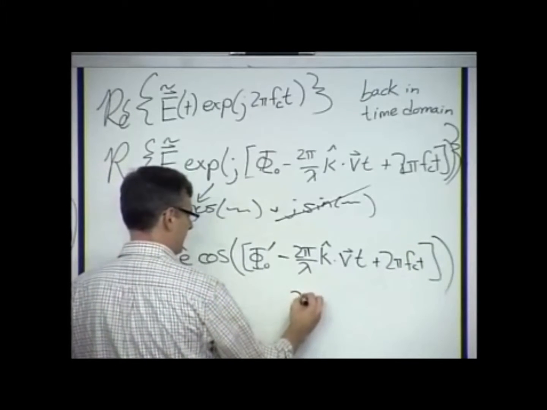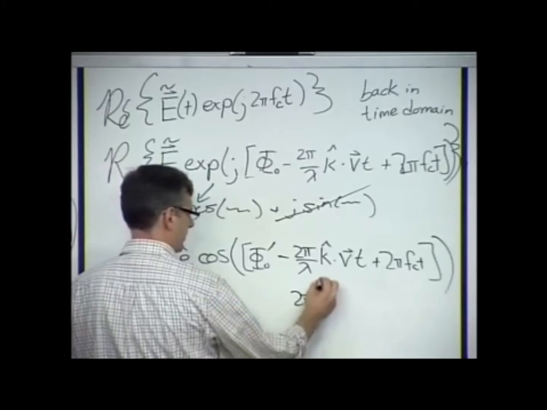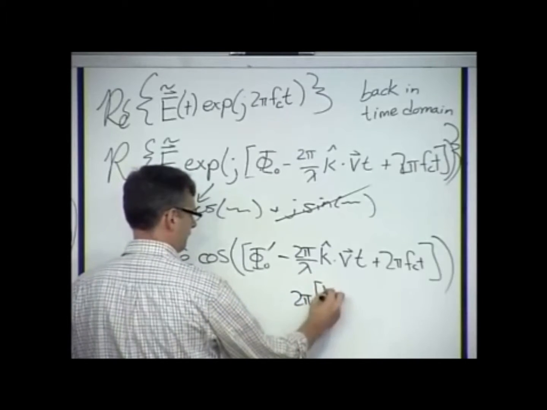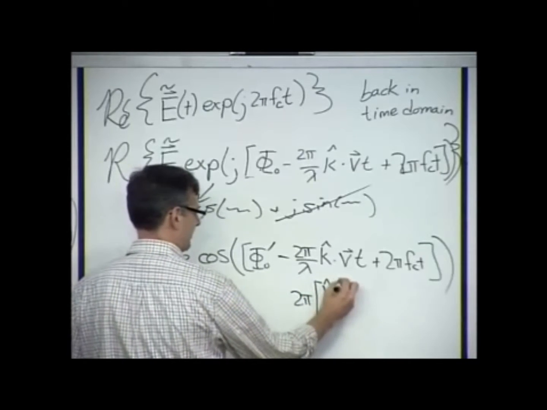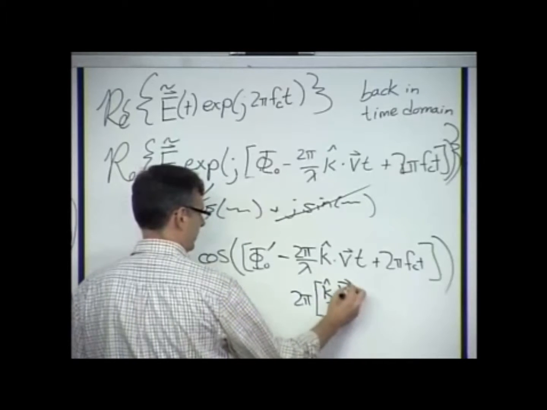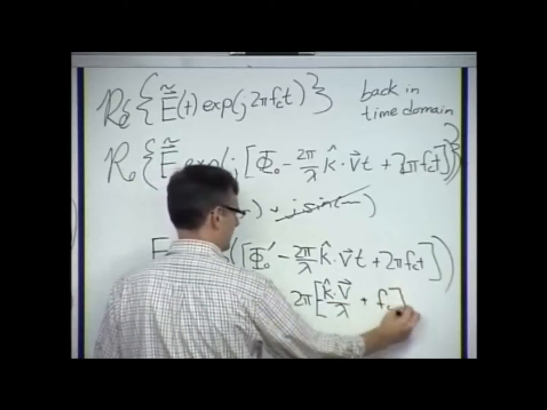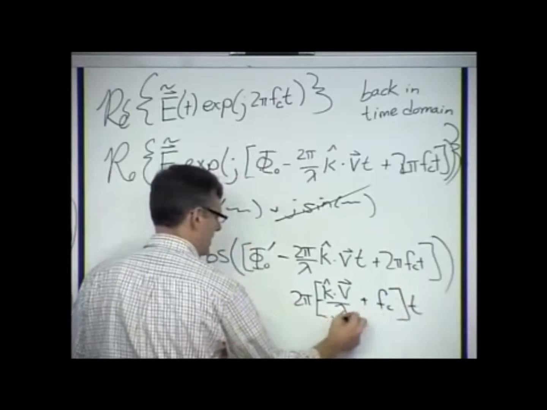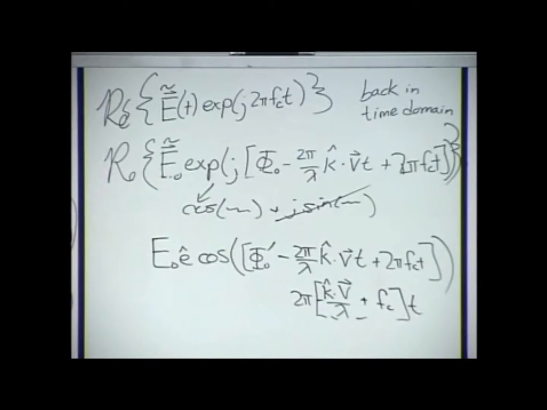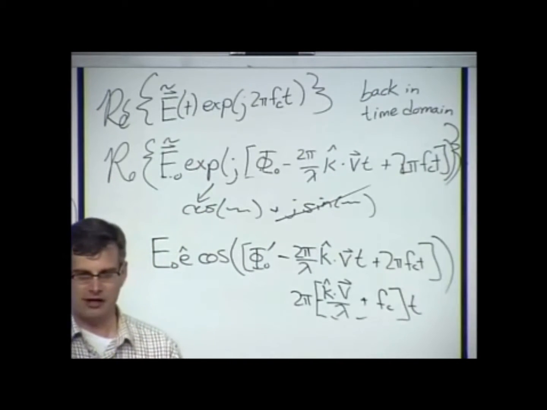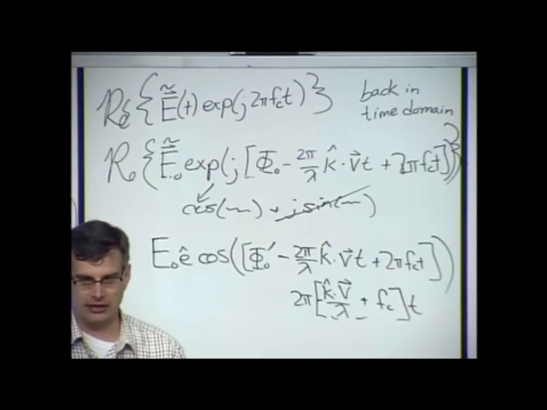And what I find is I have 2π times k̂ dotted into velocity over λ with a minus sign in front of it, plus my carrier frequency, times time. And so what happens is motion in the presence of an electromagnetic field that is time harmonic, or at least carrying narrowband information, appears as a shift in frequency.